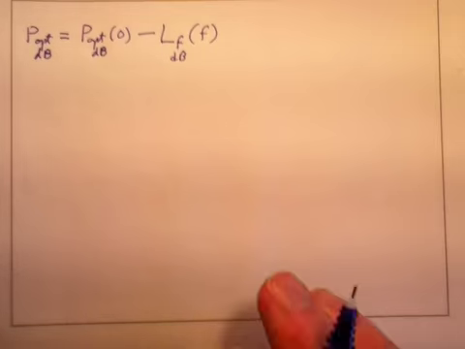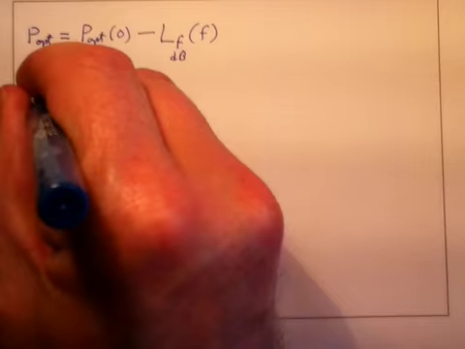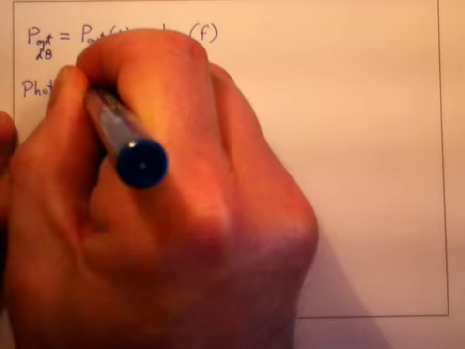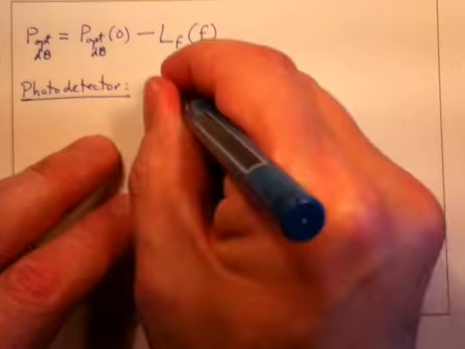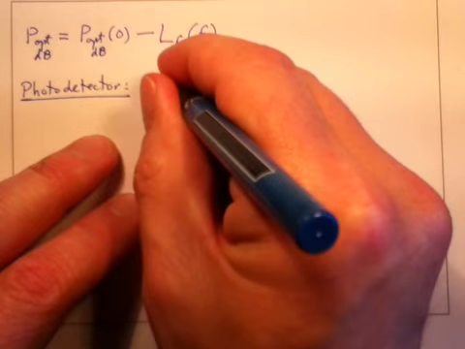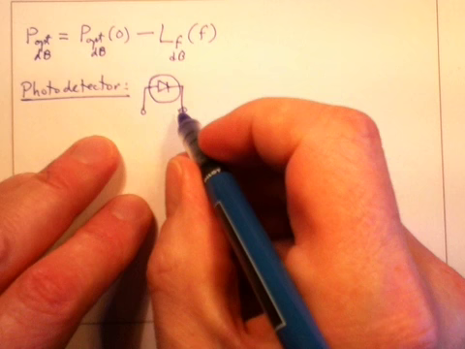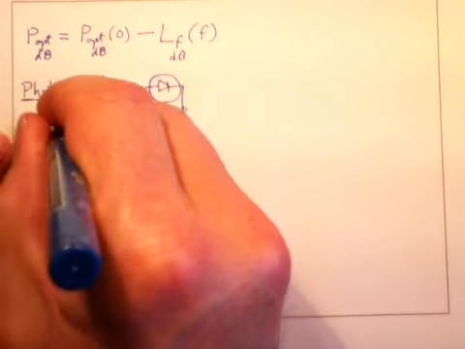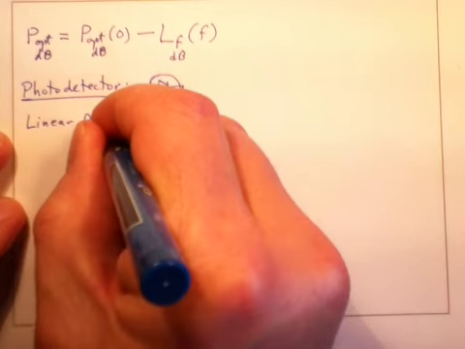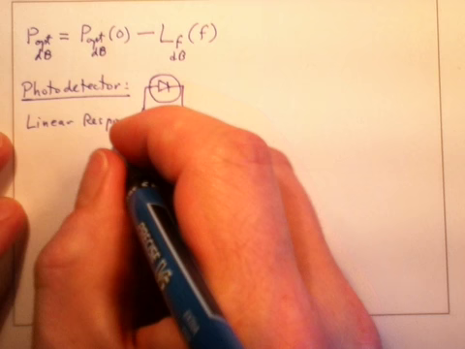Okay, now let's look at our photodetector. It has this symbol, and we're going to draw a little circle around that. So there's my photodetector, and it's going to have a linear response. We saw these basic equations in chapter 1.